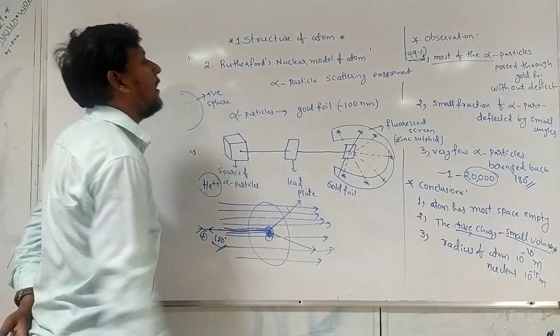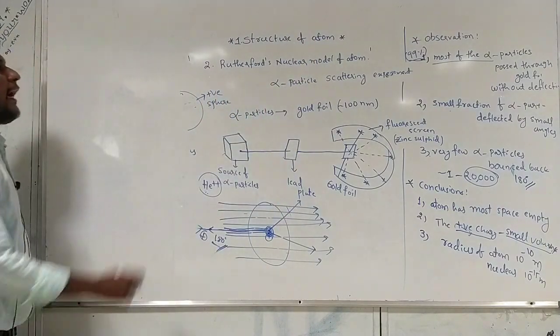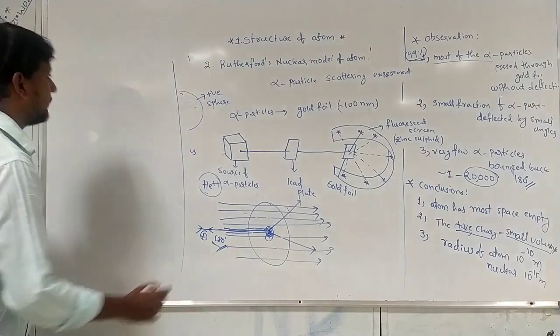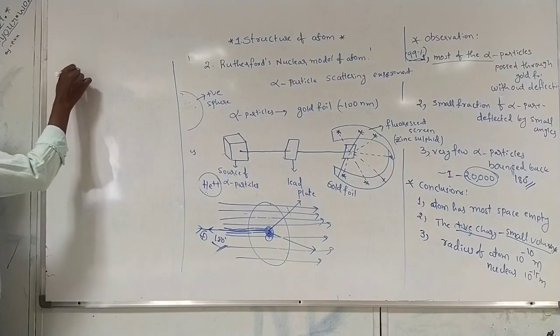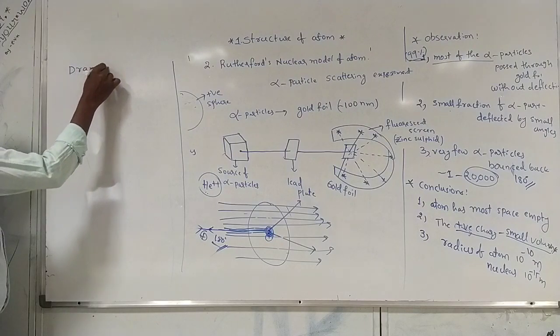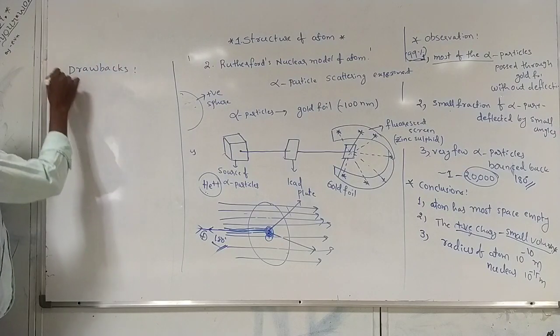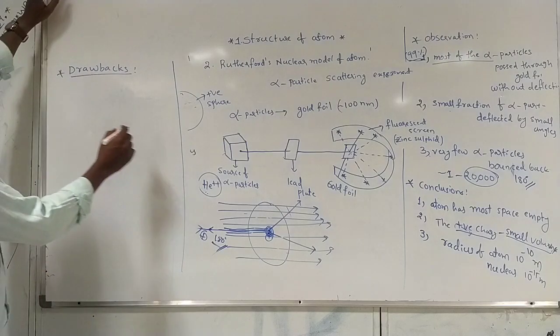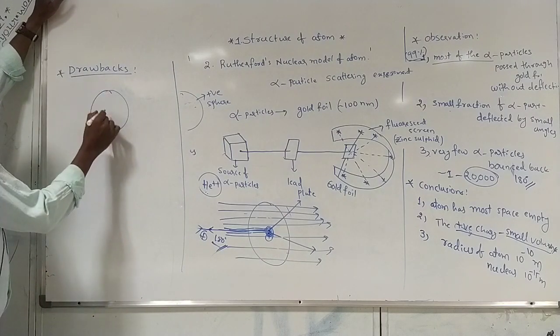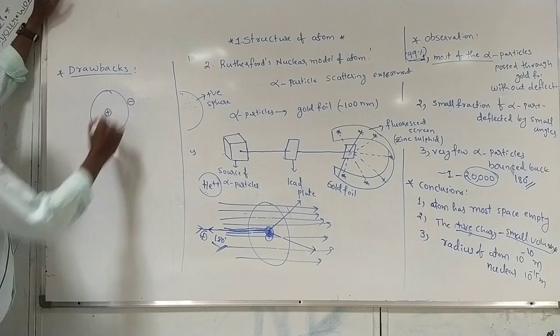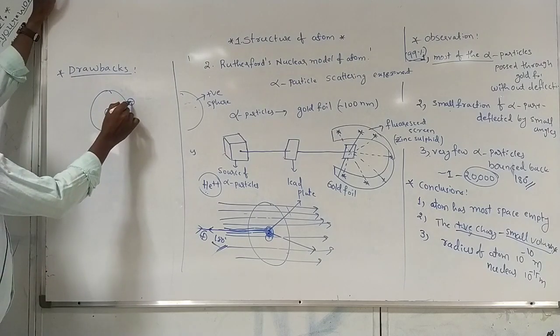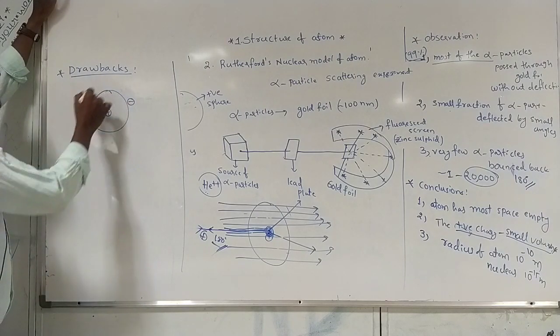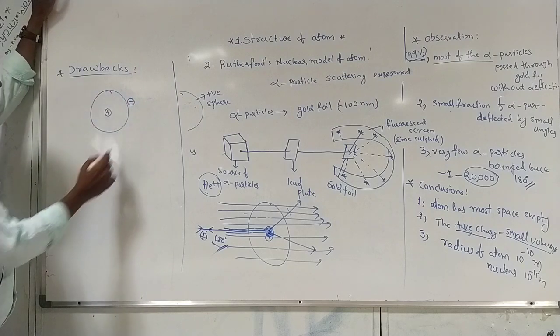Rutherford's nuclear model of the atom had some drawbacks. I am writing the drawbacks here. First one: the electron revolves around the nucleus.